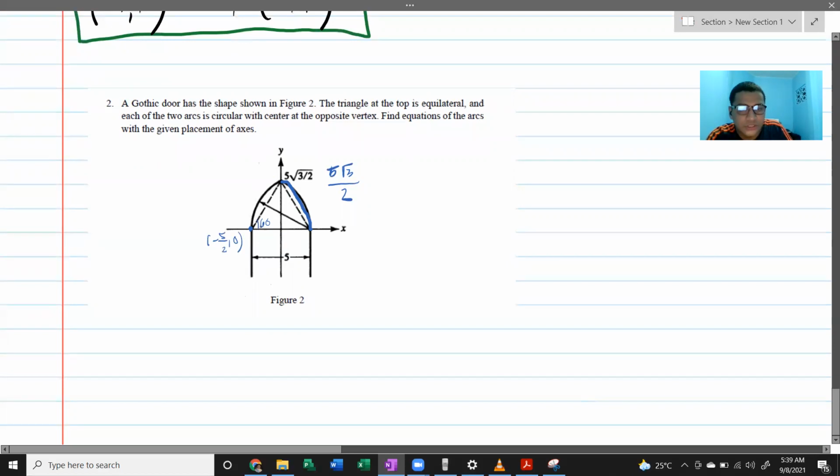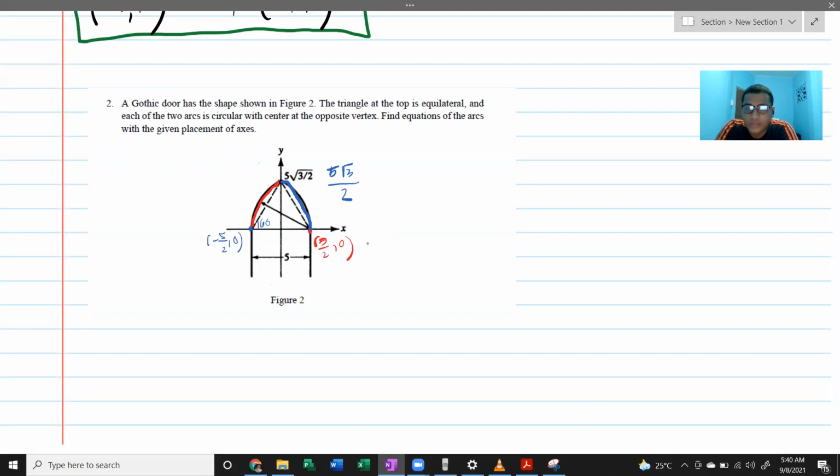Next, let's consider this arc here. In a similar way, the center of this red arc must be at 5 halves and 0.